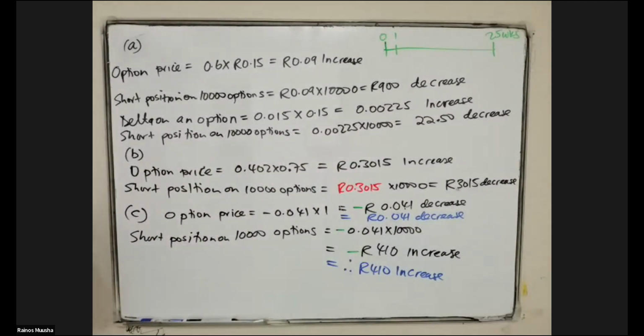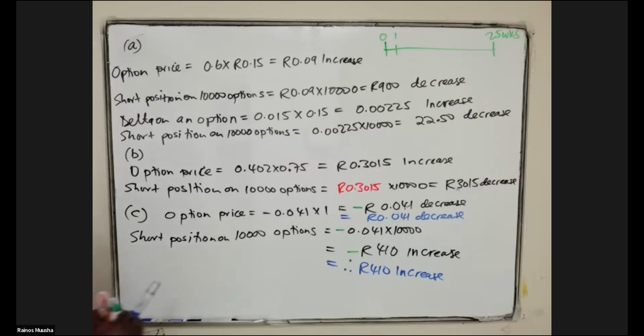And the idea is to know exactly what is the principle behind the effect of these Greeks. The closer you are to maturity, the less valuable the option is going to be, whether it's a call option or a put option. So if you move forward by 1 day, now you want to find out what is the effect on the option price.